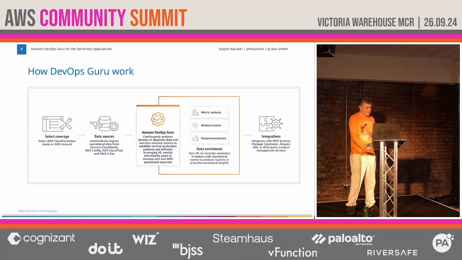Basically, there is not too much magic behind that, because DevOps Guru counts on services that you are anyway using, like CloudWatch, and, in case you activate them, AWS Config, AWS CloudTrail, and AWS X-Ray. They monitor all that stuff together.